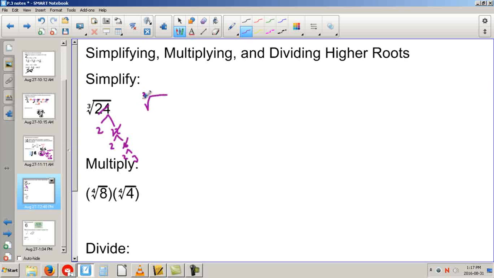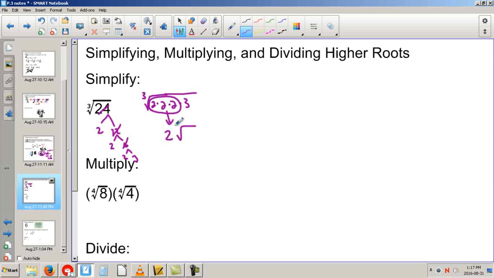Turns out this is really the cube root of 2 times 2 times 2 times 3. If I really want to look at what's in the 24, this is it. And notice there are 3 2's. A cube root needs 3 identical pieces, so this comes out of the cube root and is a 2.